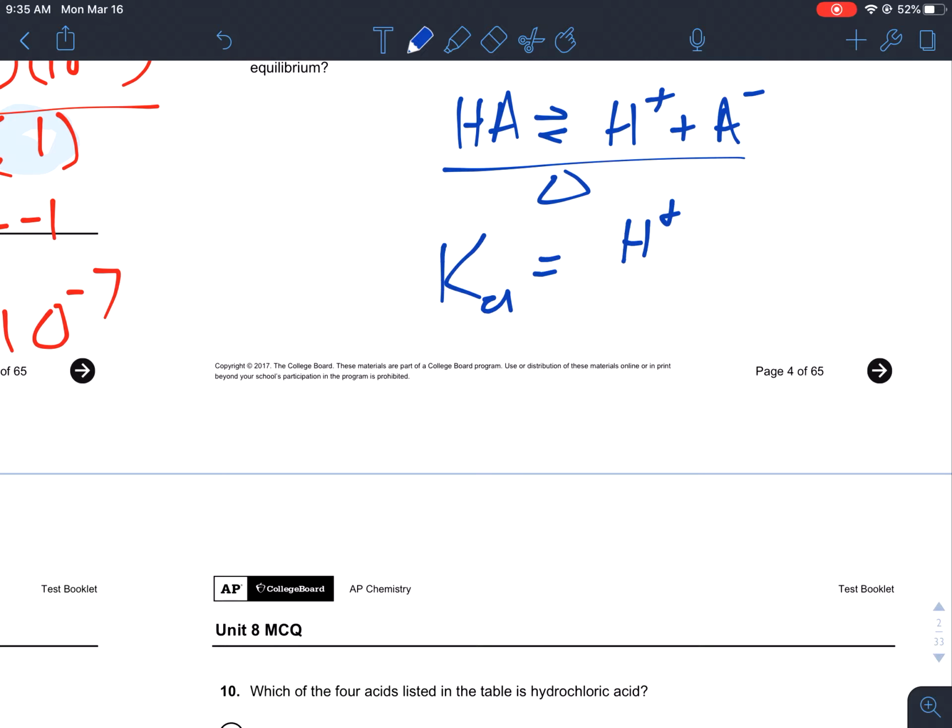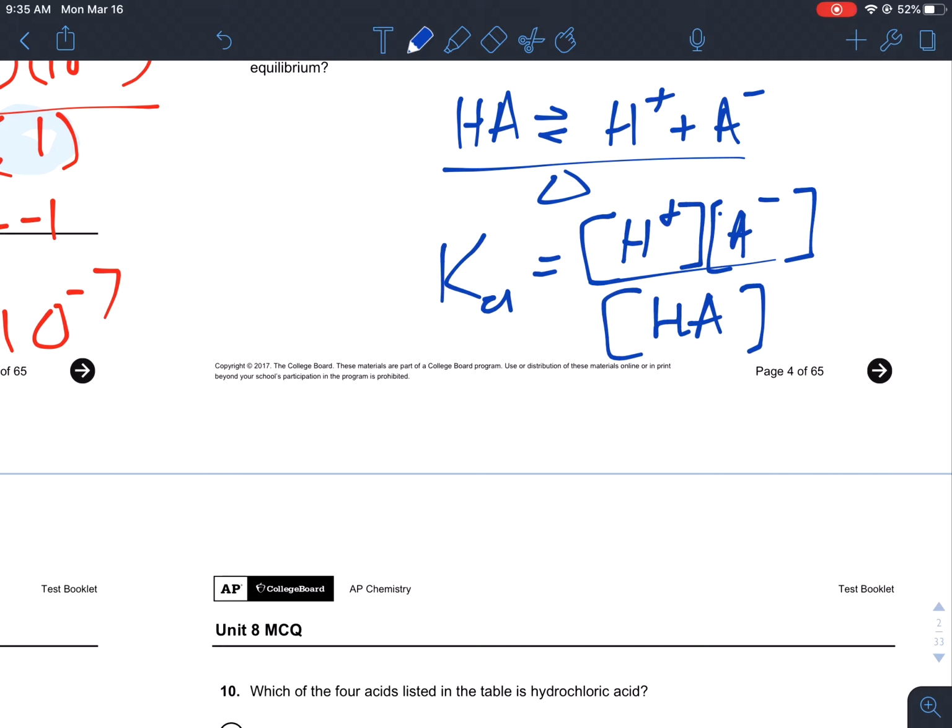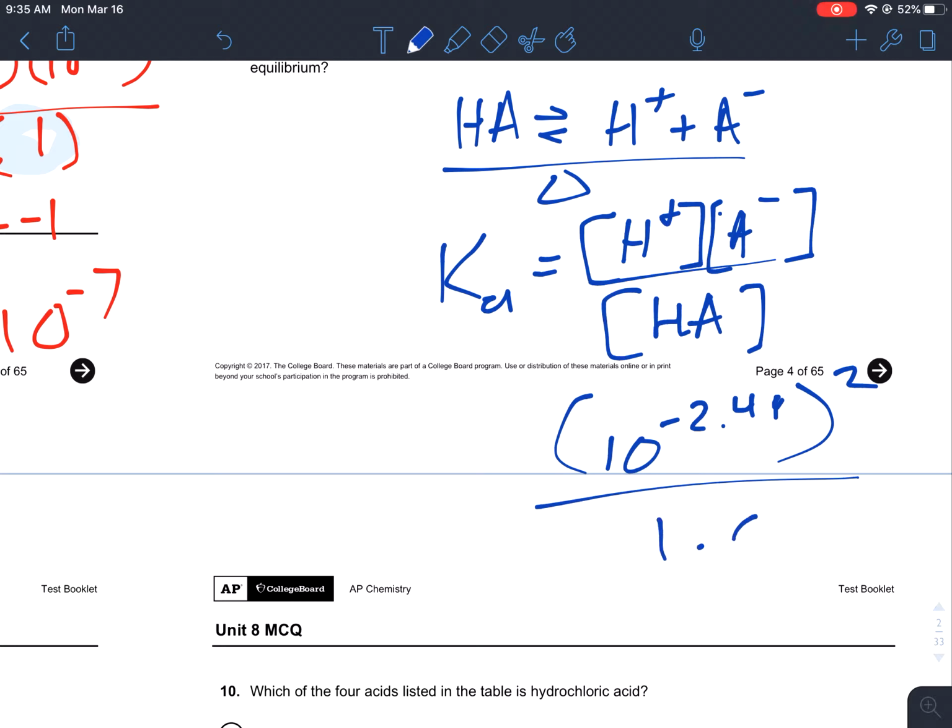How much H plus, A minus, and then this is your HA. I meant concentrations, and I have to multiply these. Now, my H plus, let's say it would be 10 to the negative 2.44. My A minus would be the same, so this is squared, and then this is 1.0.